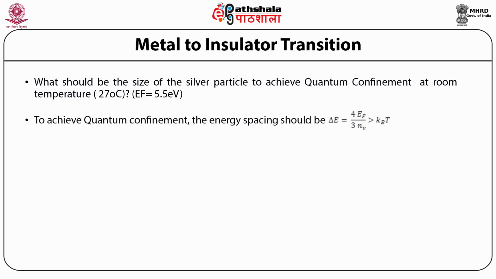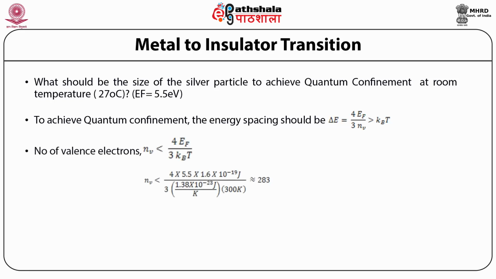In order to achieve the quantum confinement, the energy spacing delta E, which is equal to 4 EF divided by 3 NV, must be greater than kT, where the number of valence electrons must be less than 4 EF divided by 3 kT.